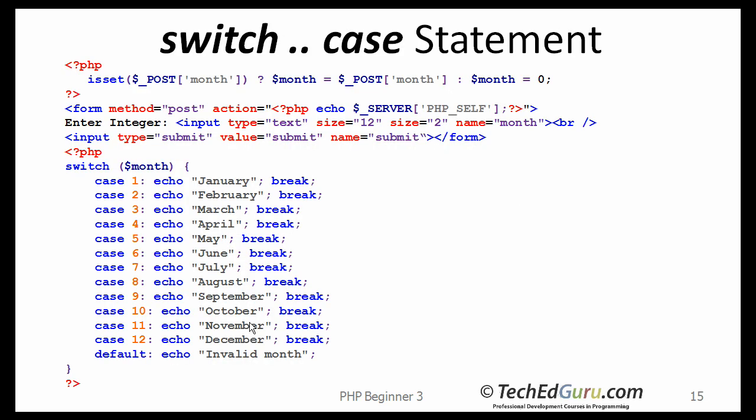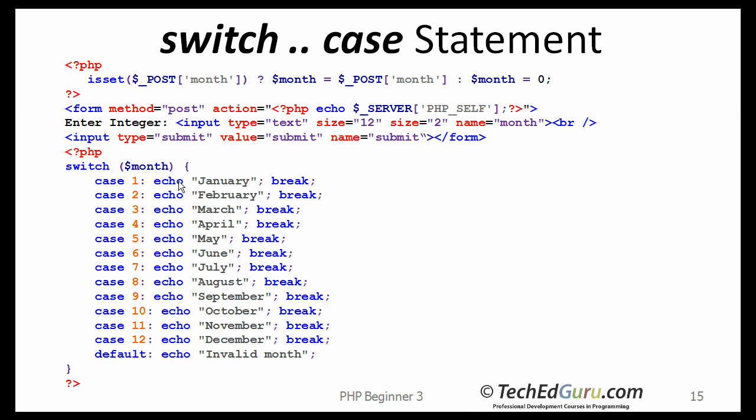Okay, so one way to make a decision in PHP is by using the if statement. Another way to make a decision in PHP is by using the switch statement. So here is how the switch statement works. You say switch, and you are passing a variable, and in this case it is expecting you to enter a number between 1 and 12 using the form again, and depending on the number that you entered, it will print the corresponding month name.